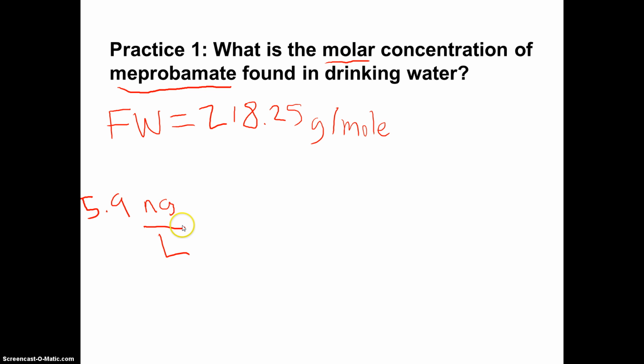So the first thing we want to do is get this into moles. We know that there are 10 to the 9th nanograms per 1 gram, so this converts us from nanograms to grams.